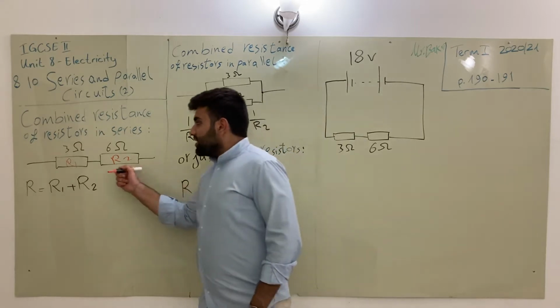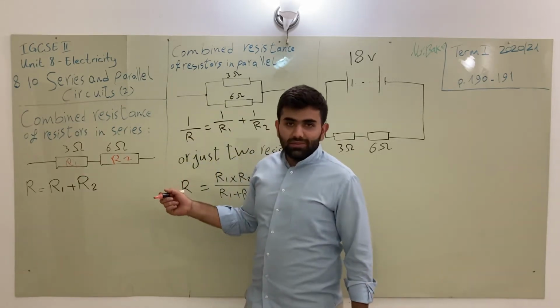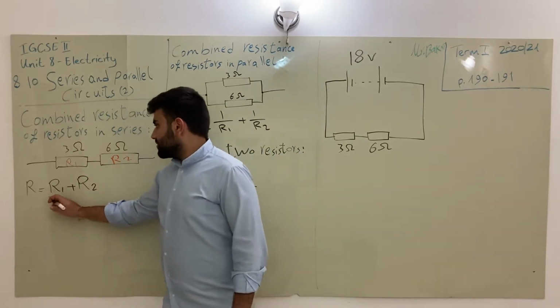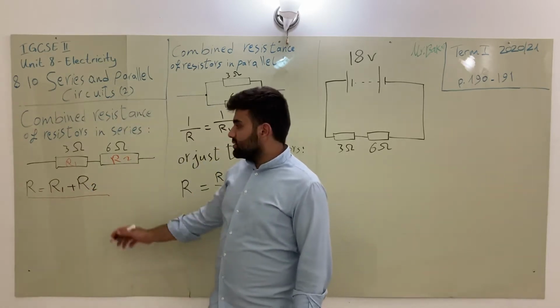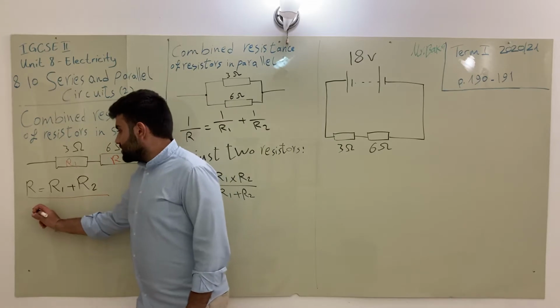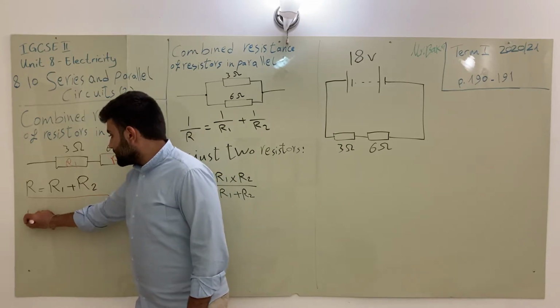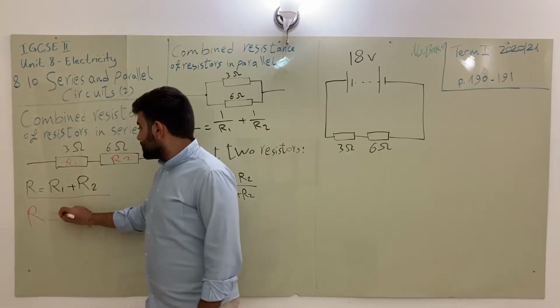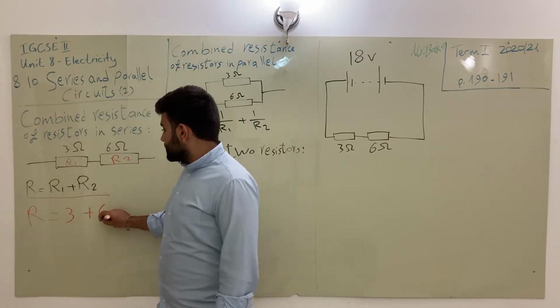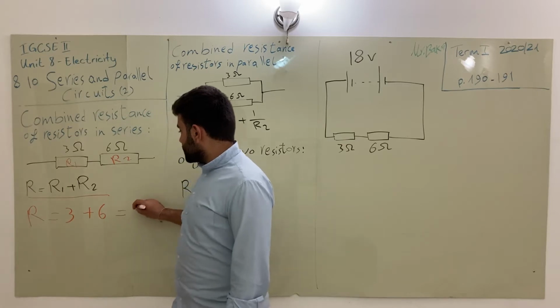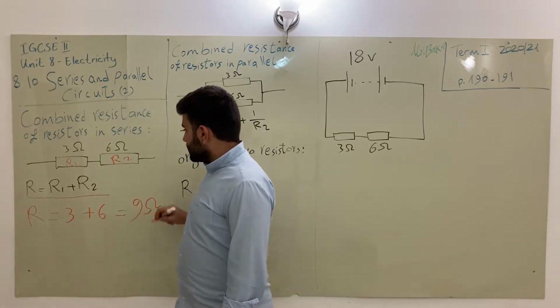So how I'm going to find the full resistance is simply by the sum of both of them. So R is R1 plus R2. That means R is 3 plus 6 ohm, and that gives us 9 ohm.